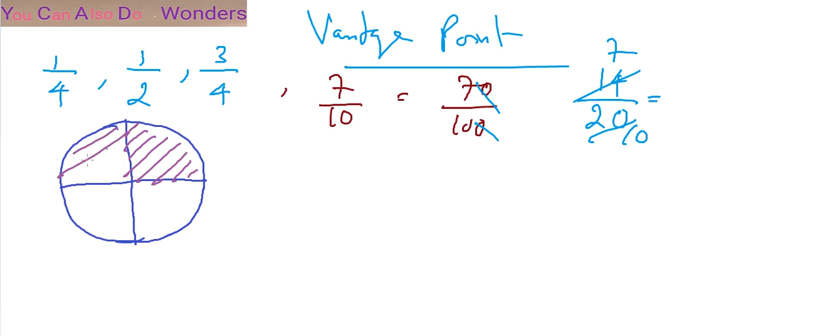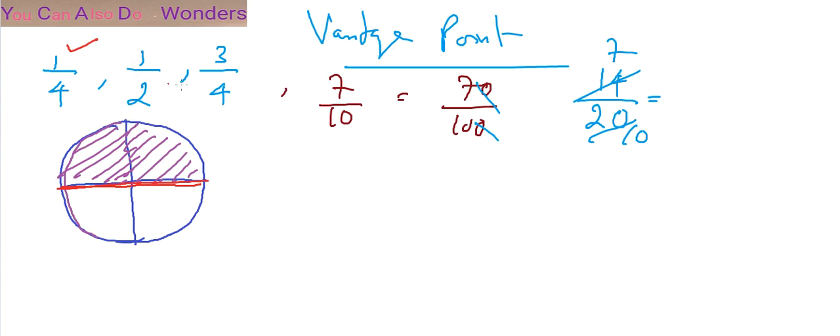Now let's consider this portion also. You can also consider this as the cake having been divided into 2 equal parts. So this is 1 out of 2. That is what half is.